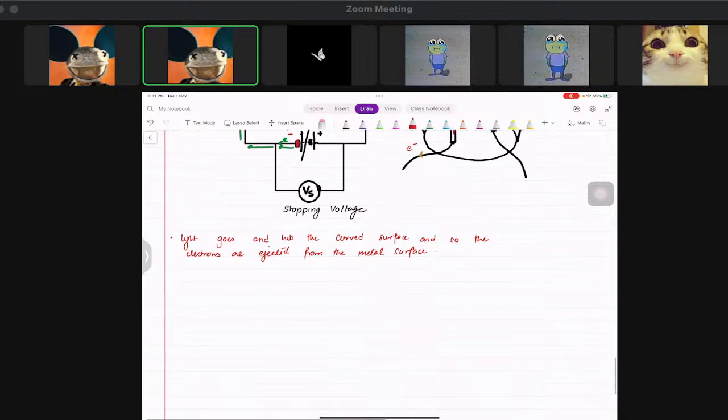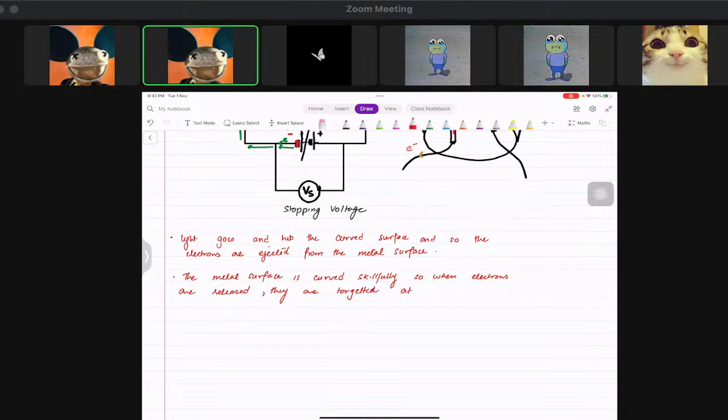The metal surface is curved skillfully, so when electrons are released, they are targeted at a purposely placed anode collector.